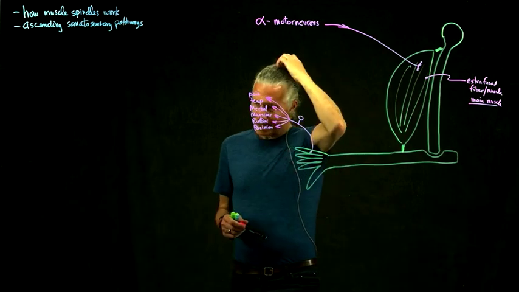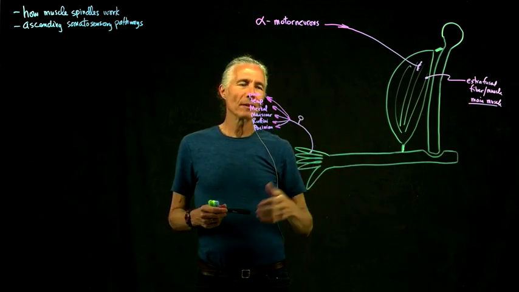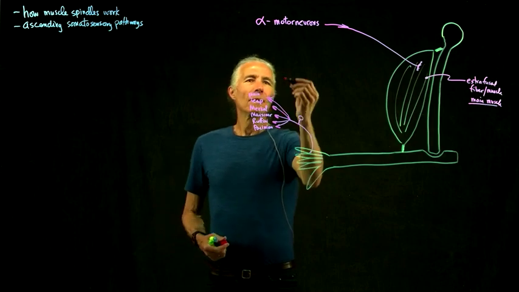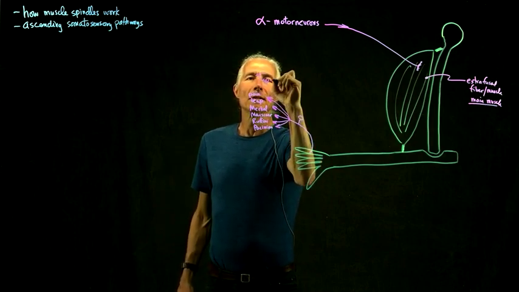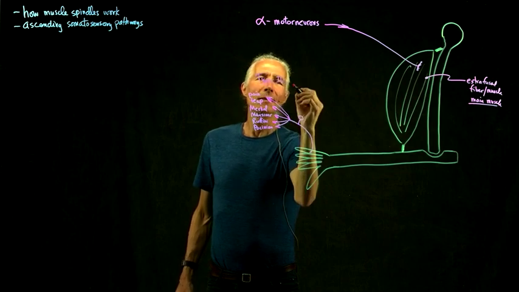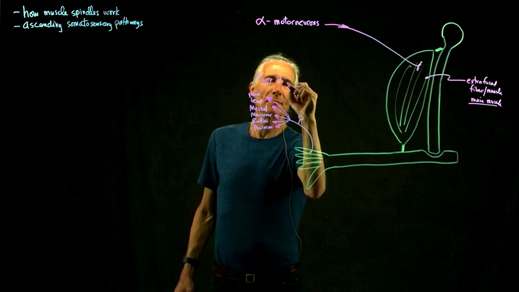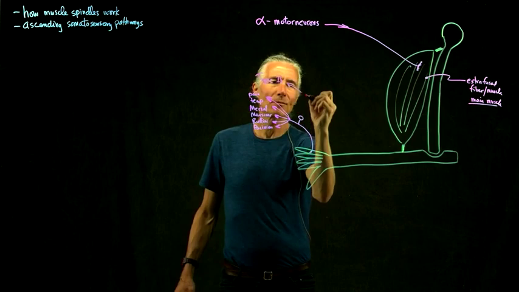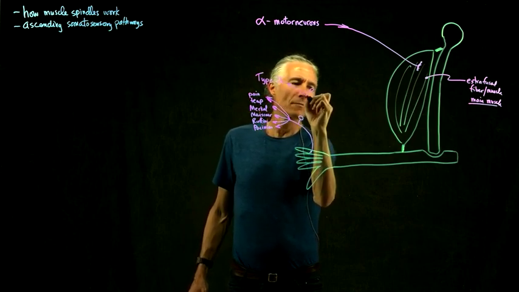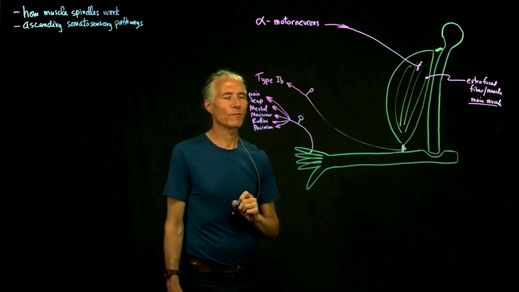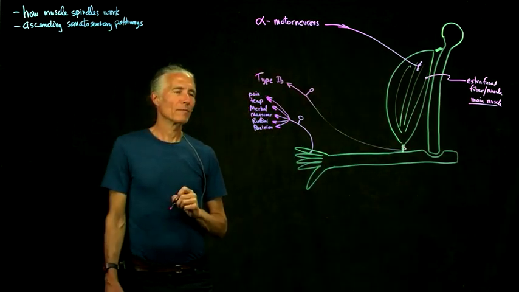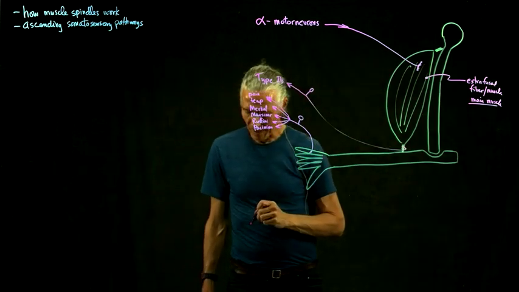But then we got the ones that are involved in the muscle, and so there was the type 1B, and those are the ones that are bringing information into the central nervous system from the tendon. So they're measuring how much force is being applied by the muscle.